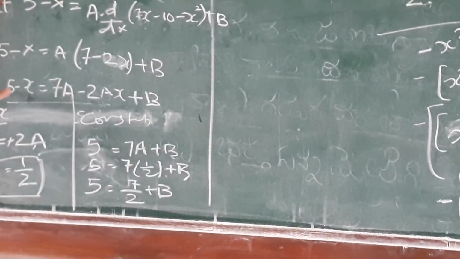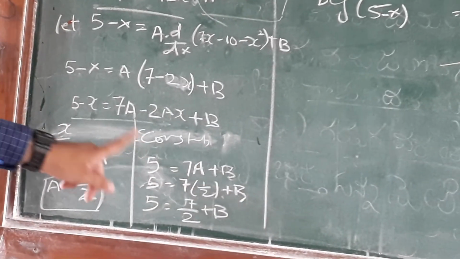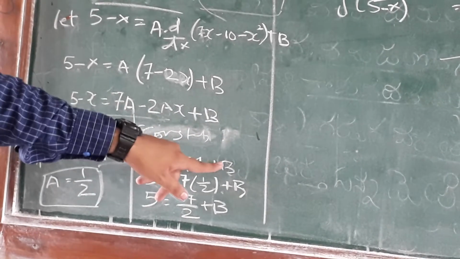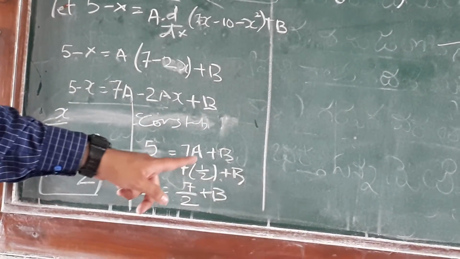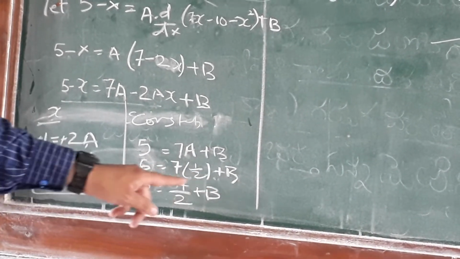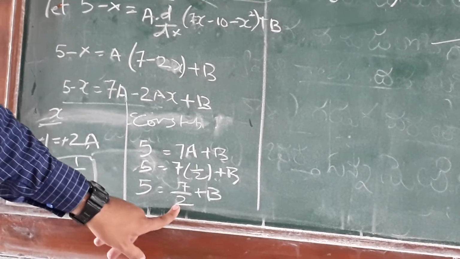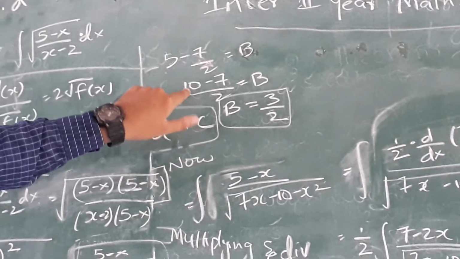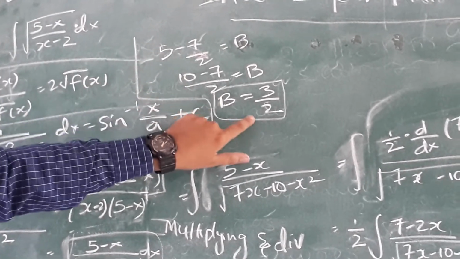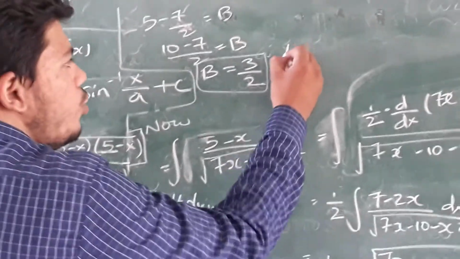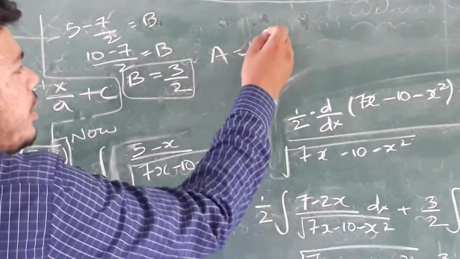In the same way the constant: 5 is the constant, 5 is equal to 7a plus b. Putting the value of a, 1 by 2, after multiplying it becomes 7 by 2 plus b. Sending this 7 by 2 to the other side, 5 minus 7 by 2, solving it, 10 minus 7 by 2, b value we got 3 by 2. A value 1 by 2, b value 3 by 2 we have got.